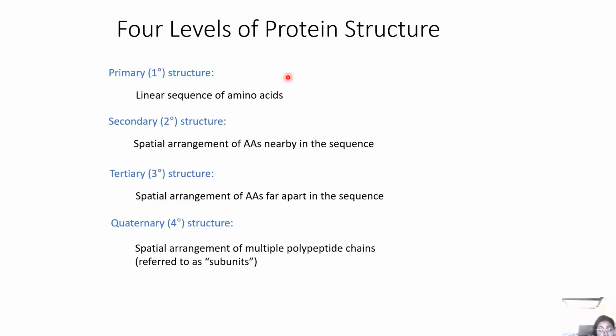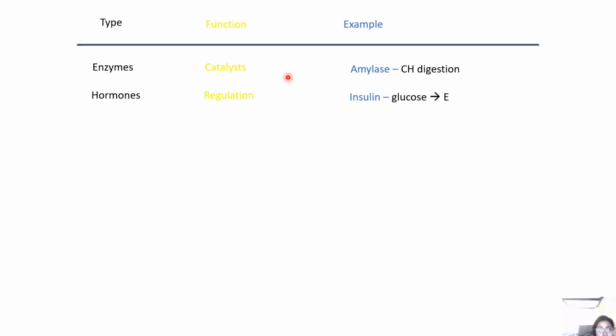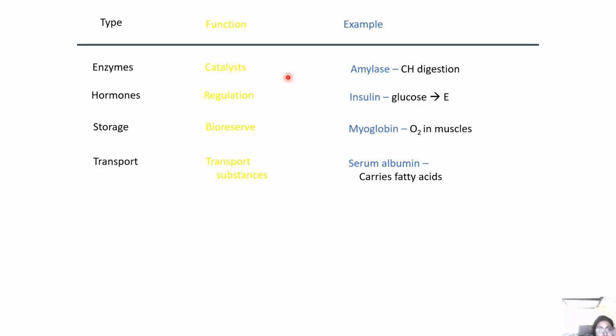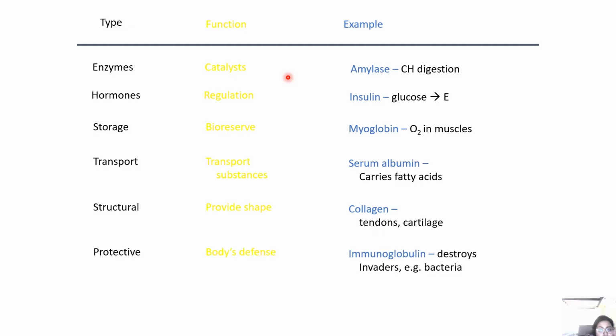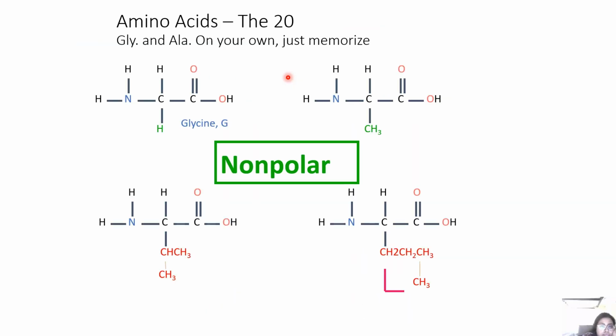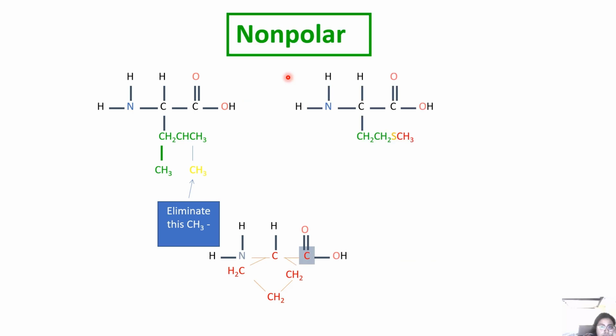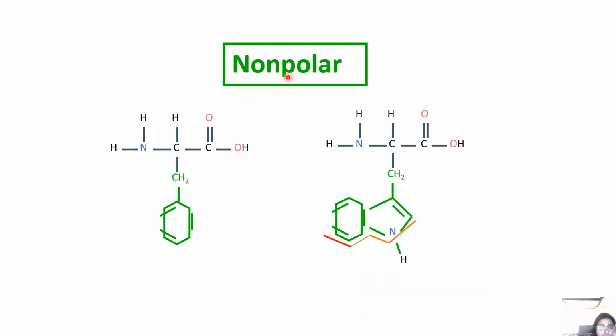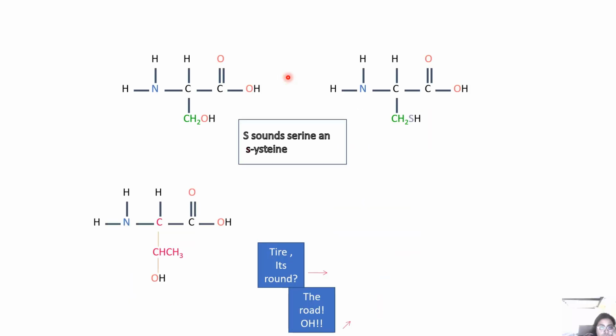Quaternary is basically the spatial arrangement of multiple polypeptide chains known as subunits. Proteins can act as enzymes like catalase, hormones for regulation, storage, transport for transporting substances, structural for providing shape, protective, defense, and contractile for motion.